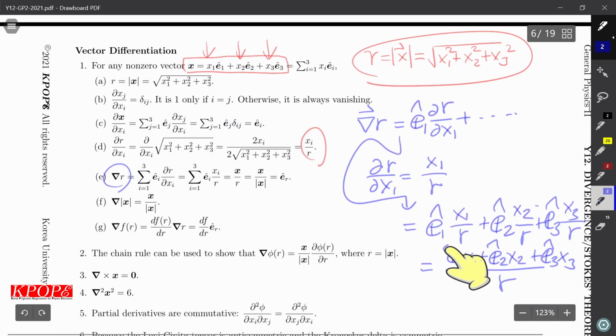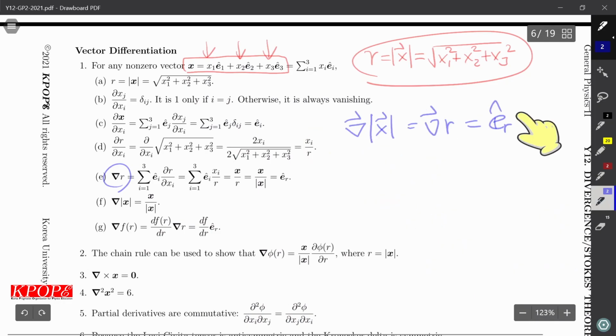Next, gradient of the absolute value of x. That is the gradient of r. ER hat is x over the absolute value of x. Gradient of f of r: chain rule.